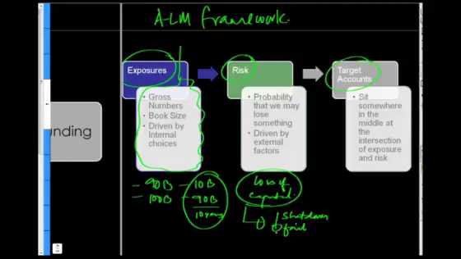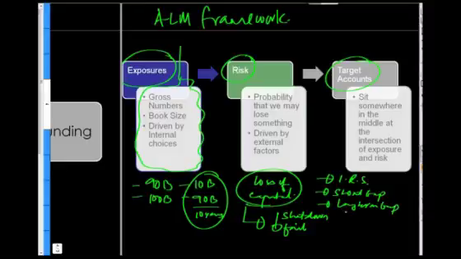Or you can say that rather than looking at probabilities, I want to go out and restrict or limit things like interest rate sensitivity, things like short-term gap, things like long-term gap, things like the amount that my interest income changes when interest rates go up or come down, or the amount by which shareholders' equity changes when interest rates go up or come down.